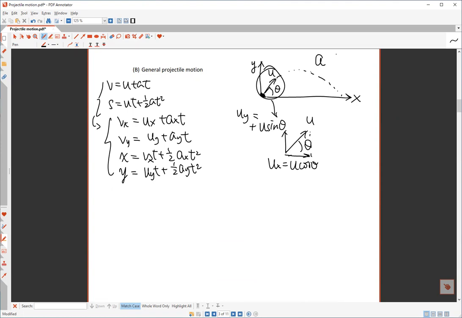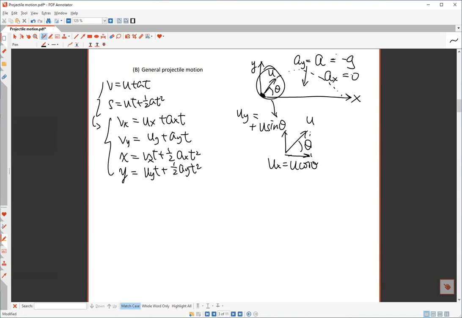The acceleration is downwards, always g, but because it's downwards, what I substitute is negative g. The horizontal acceleration is zero, because there is no acceleration along the horizontal.